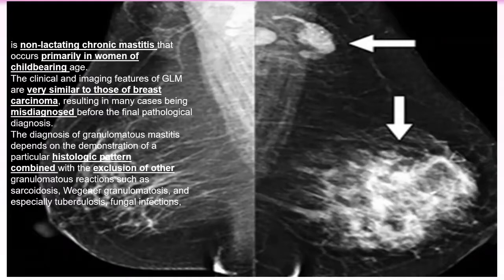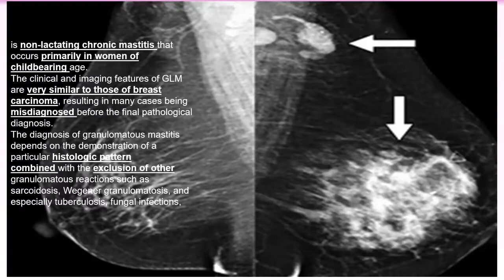The idiopathic diagnosis is by exclusion of other causes combined with the histologic pattern, and we have to exclude reaction to sarcoidosis, Wegener's granulomatosis or polyangiitis, and especially tuberculosis or fungal infections.